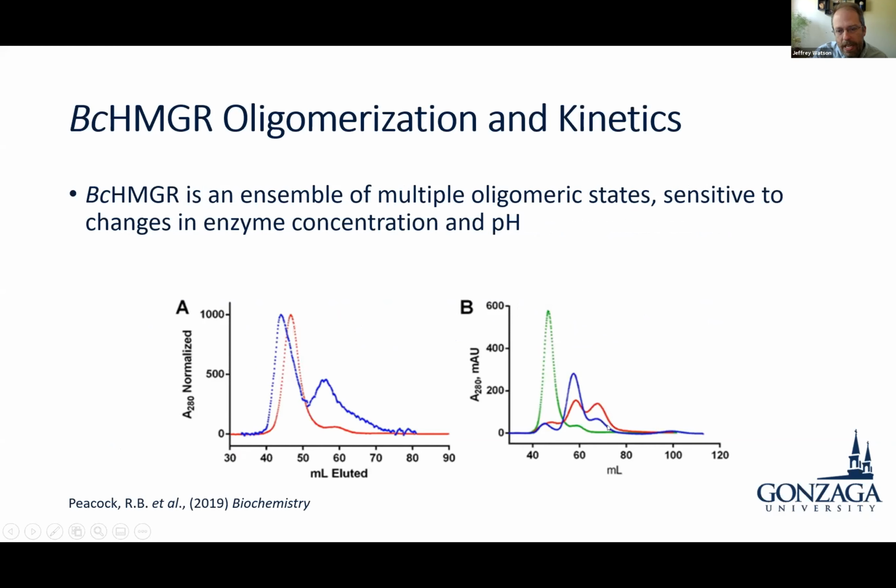And we see three species, actually. We see a hexamer, something that elutes as a nonamer. We're not entirely sure that that's what it is, but that's what I'm going to call it from here on out. And something that's beyond the resolution of our column that we call the bigmer, because we're not entirely sure what the size actually is.